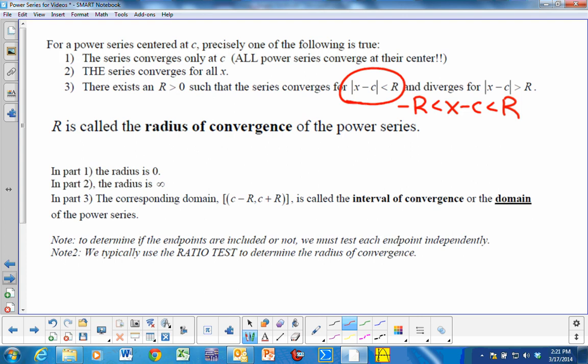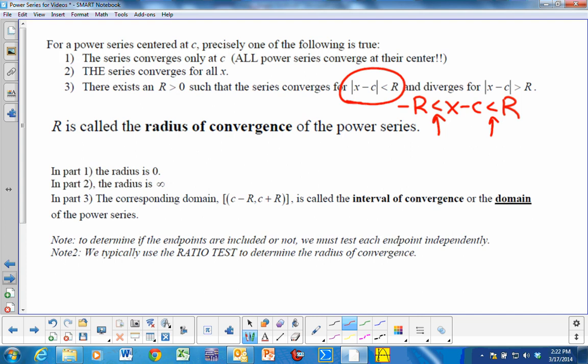And then it's going to diverge everywhere else. Now the endpoints here, whether they are included or not included, is the thing that we'll have to test separately, and we'll look at that. And so we call it the capital R, and it is capital. Remember, in math, we keep those things the same. So for geometric series, we use a little r, but here for the radius of convergence, we use a capital R.